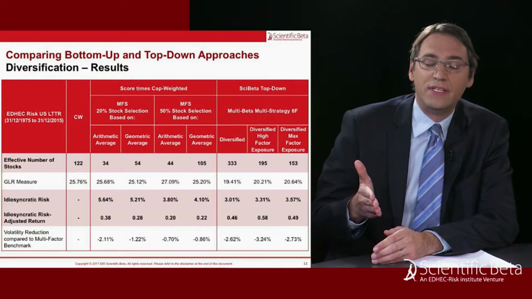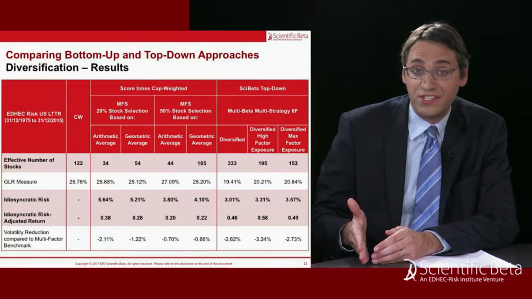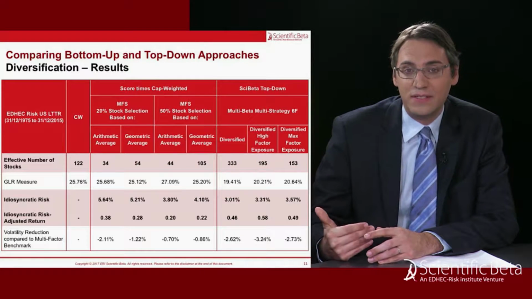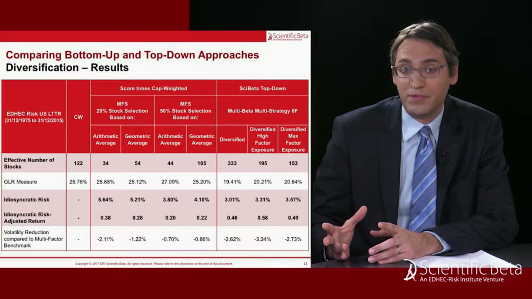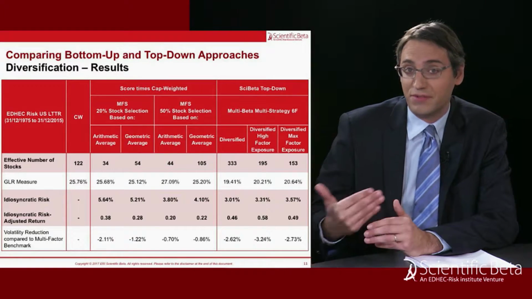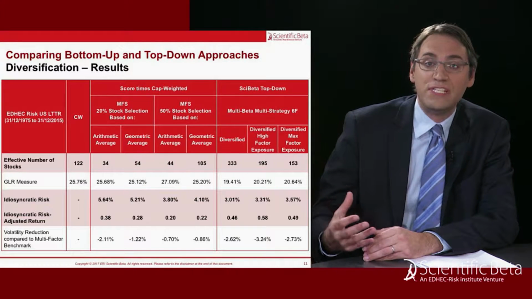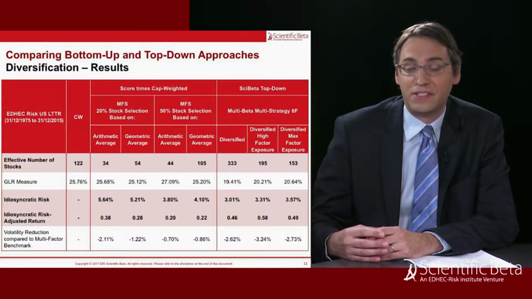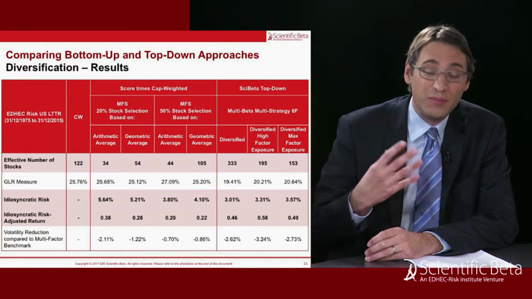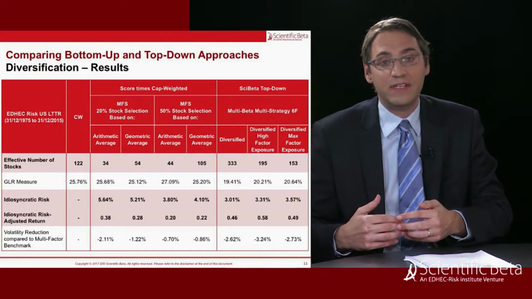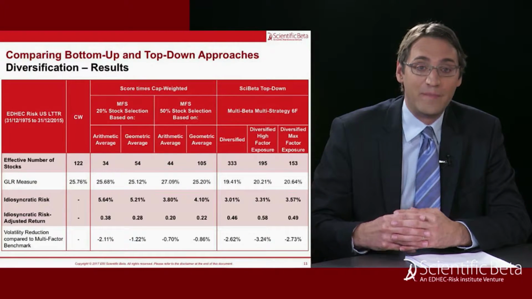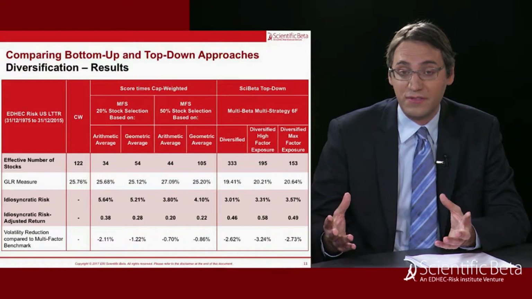Likewise, if you look at the idiosyncratic risk-adjusted return, you can see that this metric is actually higher for all of the top-down approaches compared to any of the bottom-up approaches. So in terms of diversification, all three top-down approaches have better metrics than the bottom-up approaches. If you look at a more simple measure, you could simply look at the effective number of stocks, which is just a measure of how balanced the weights are across the different stocks.